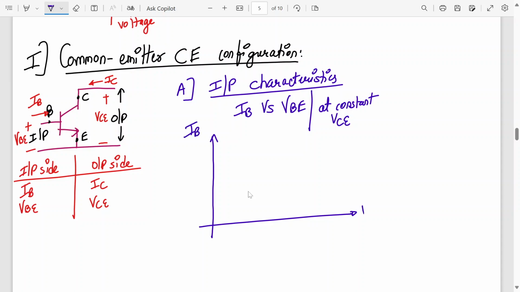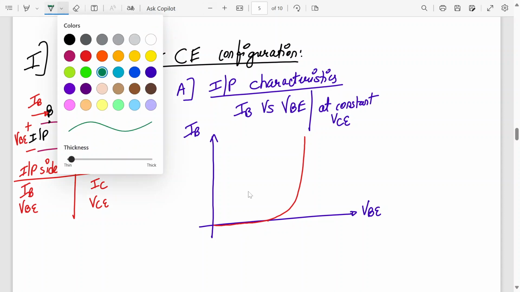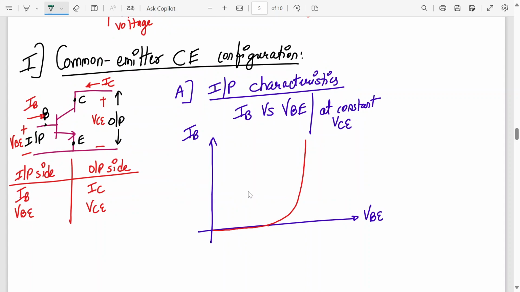So IB versus VB at a constant VC. This graph will be exponential in nature. If I increase the constant value of VCE to a higher value, I'll get a graph like this. So this is for VCE value 2, this is for VCE value 1, where VCE2 is greater than VCE1. Let's say this is 10 volt, this is for 5 volt, constant value. So this is the graph of input characteristics. Understood this?